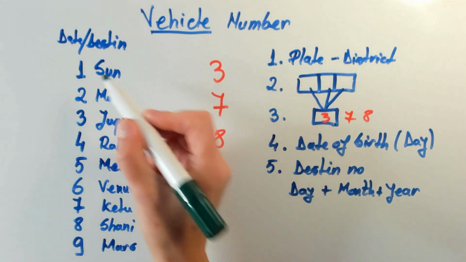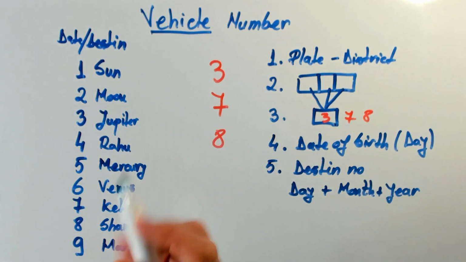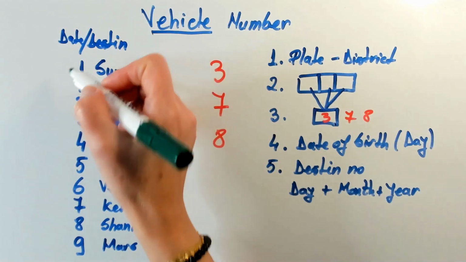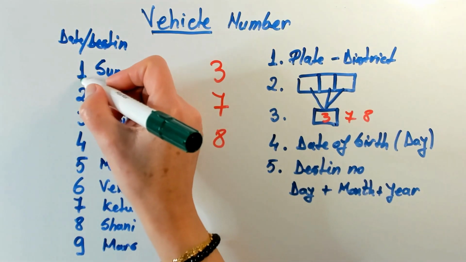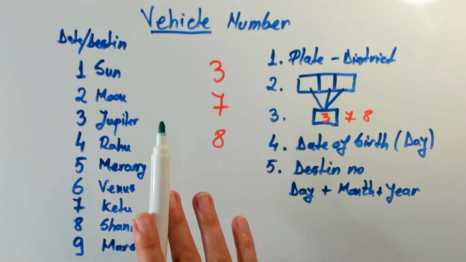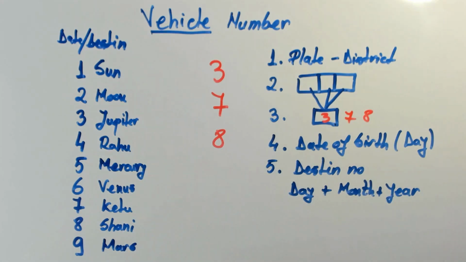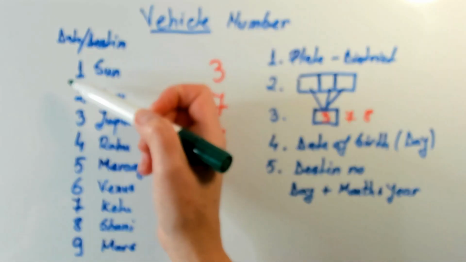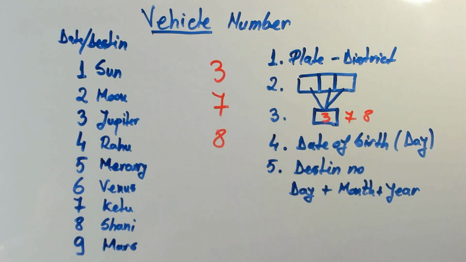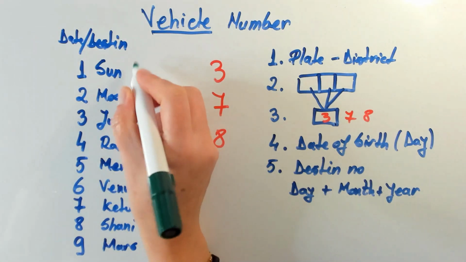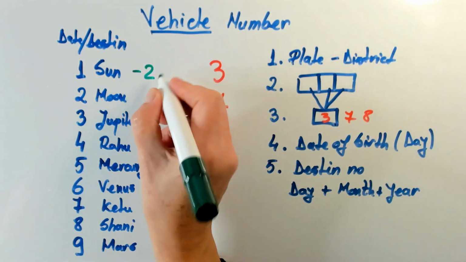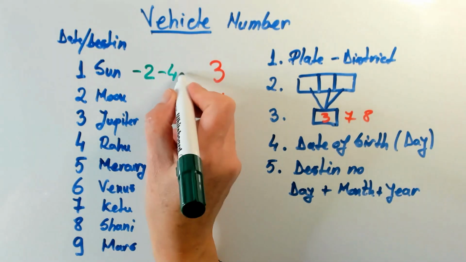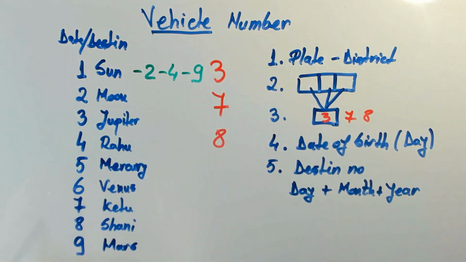When you have the car number 1, because it must be correlated with your date of birth, this will correlate with numbers 2, 4, and 9.